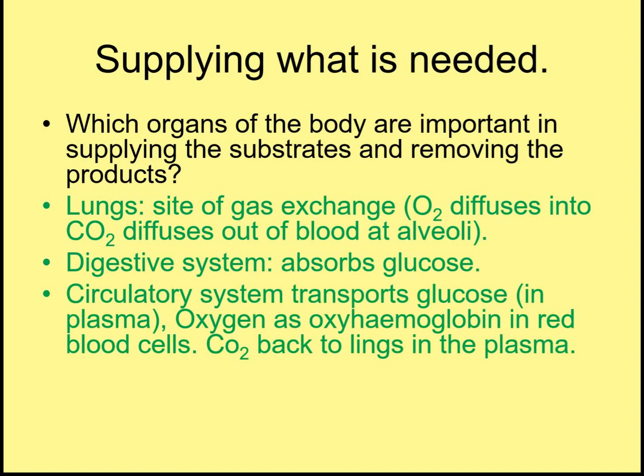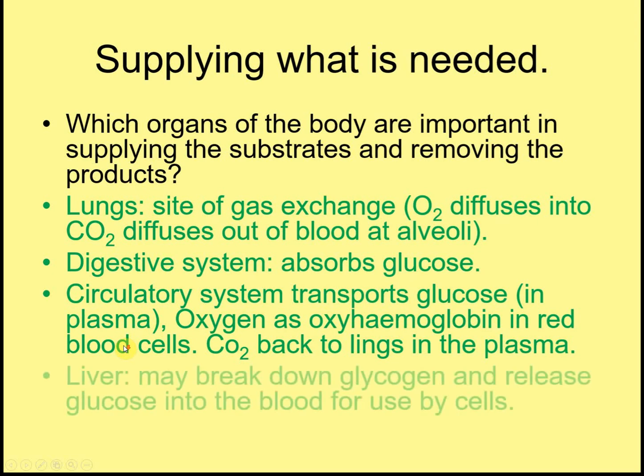Remember, circulatory system transports glucose in the plasma, oxygen as oxyhemoglobin in the red blood cells, CO2 back to the lungs in the plasma. Okay, remembering when you're answering questions, you might need to put the detail about how the molecules are being transported, not just that all of it goes in the circulatory system. Oxygen is in the oxyhemoglobin in the red blood cells.